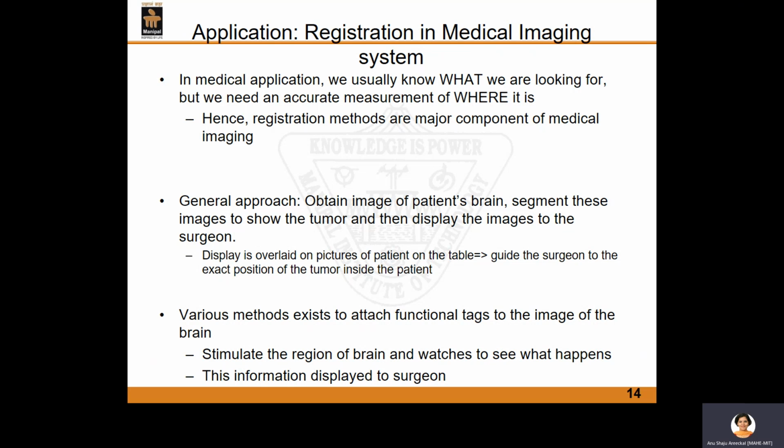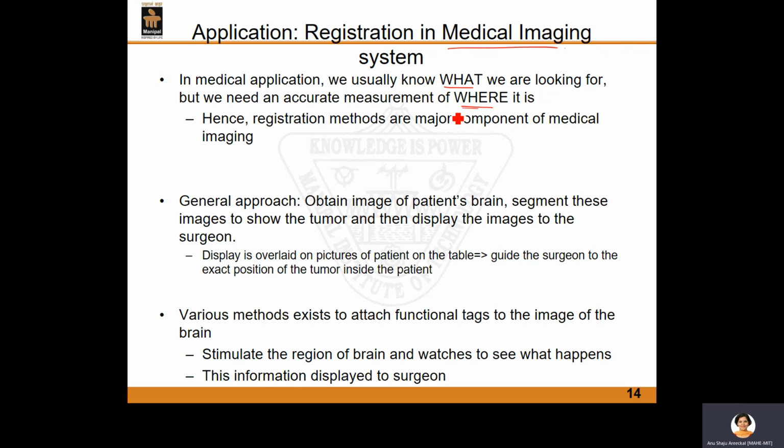As discussed earlier, the main application of image registration is in the medical imaging field. In medical images, we know there is something that we are looking for, but we need to find out where exactly it is.